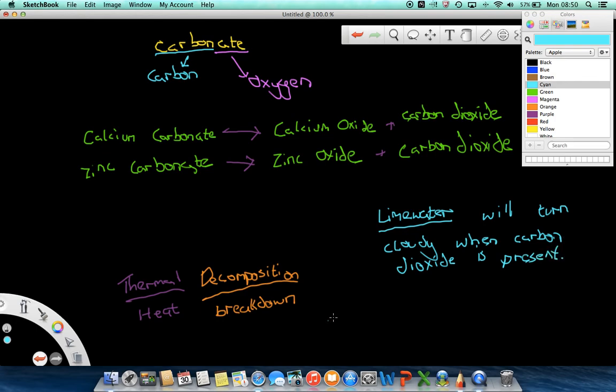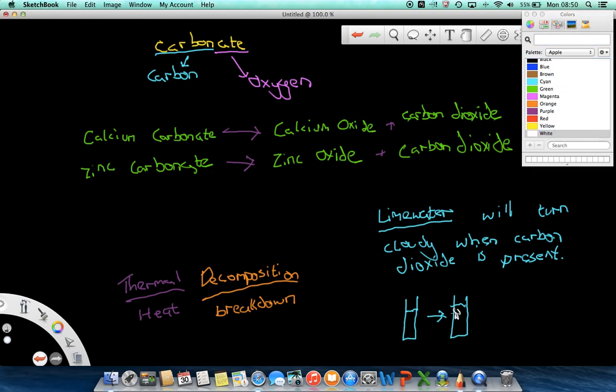Full stop. So you may have a test tube full of lime water, and when you bubble carbon dioxide through it, what you should see is that it turns into a very cloudy mixture. It won't be clear.